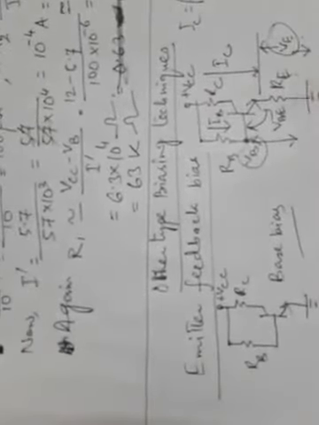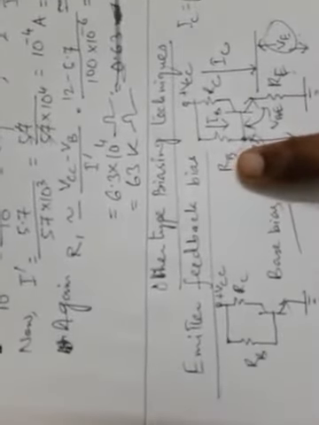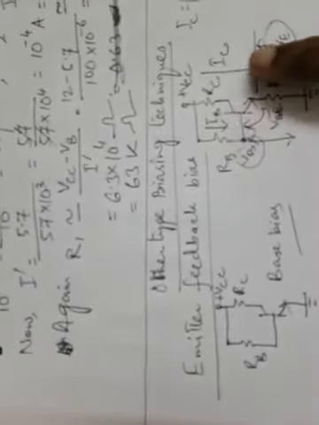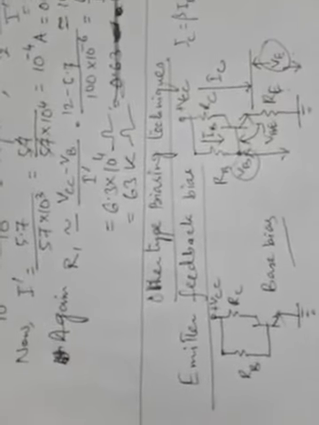The change in emitter voltage is being fed back to the base circuit, and this feedback is called negative feedback, because the decrease in IB will oppose the increase in the collector current, that is, it will oppose the original change in the collector current. So this is called negative feedback.